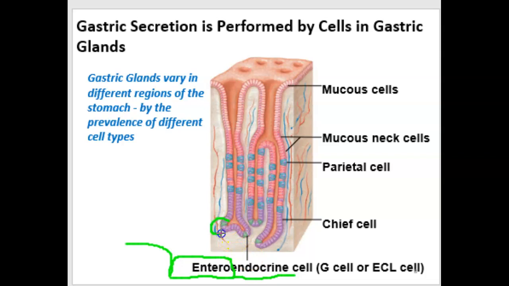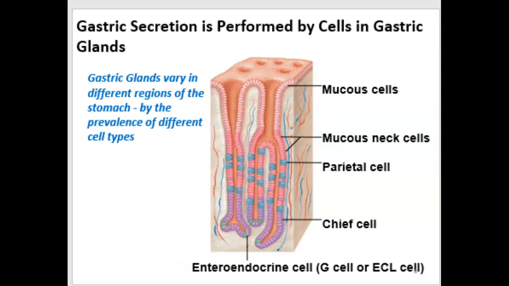So the green cells at the base of these gastric glands will release substances that are going to move in the opposite direction. They're going to be secreted out the basal surface of the cells, because that's where the blood is. And endocrine refers to hormones that travel in the bloodstream.